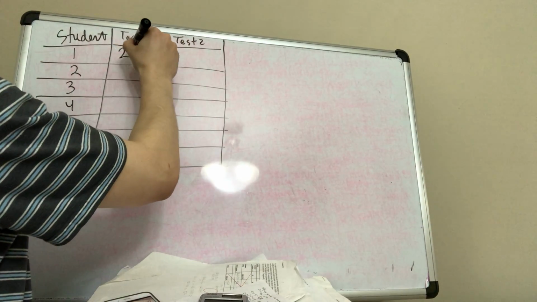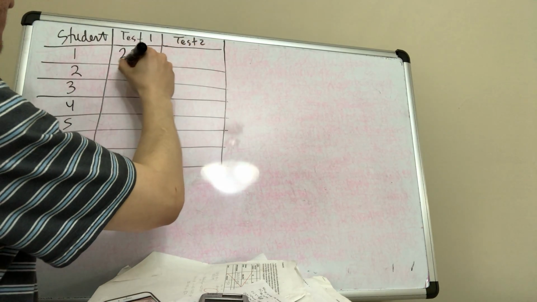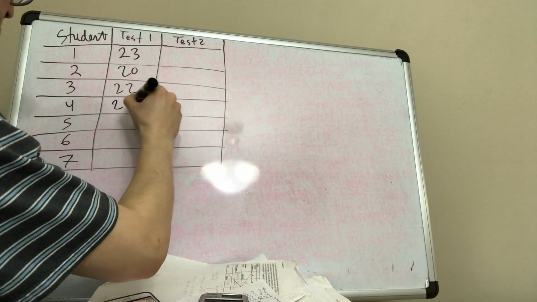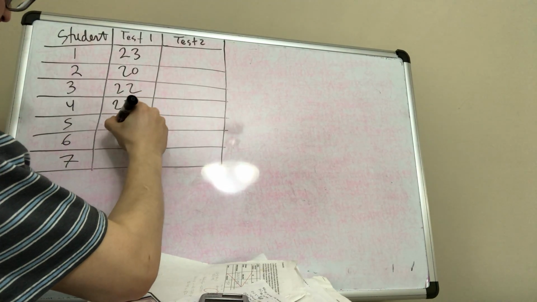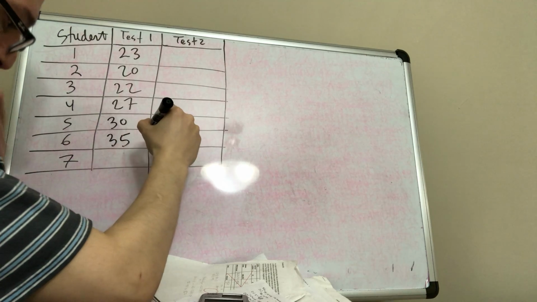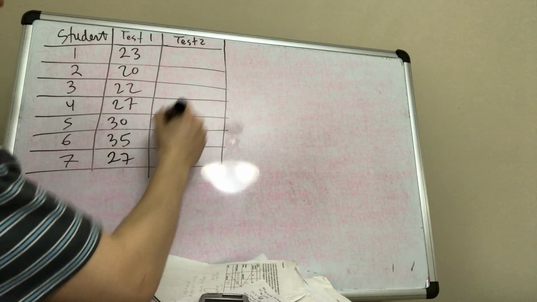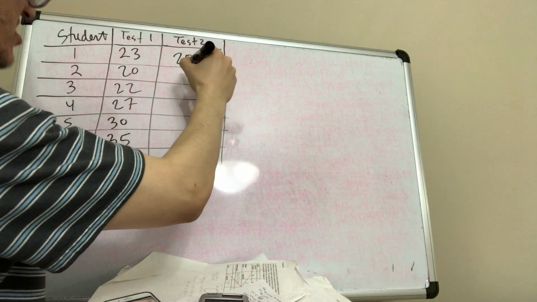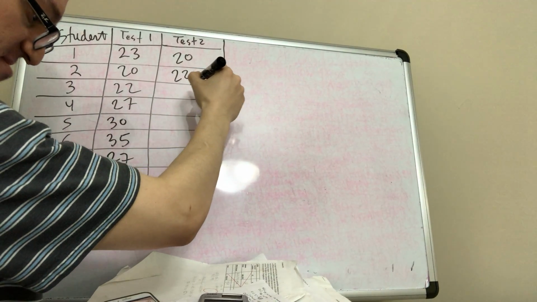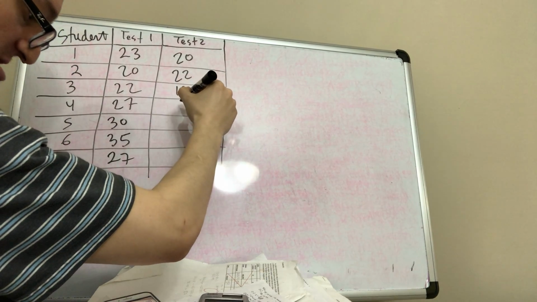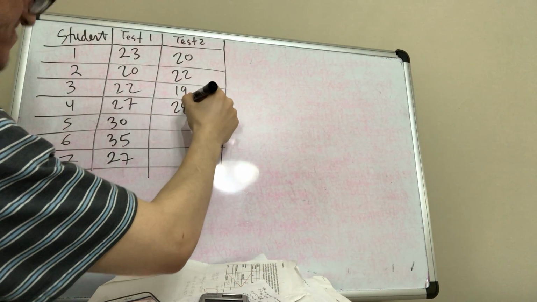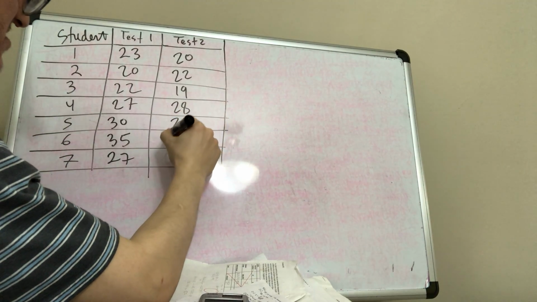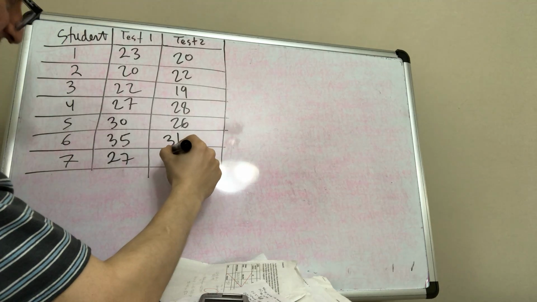And the numbers are 23, 20, 22, 27, 30, 35, and 27. For test 2 here: 20, 22, 19, 28, 26, 31, and 25.